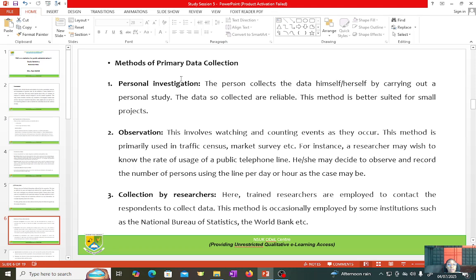Primary data can be collected in different forms. It could be personal investigation, it could be by observation, it could be collection by researchers. In personal investigation, the person collects data by himself or herself by carrying out a personal study.